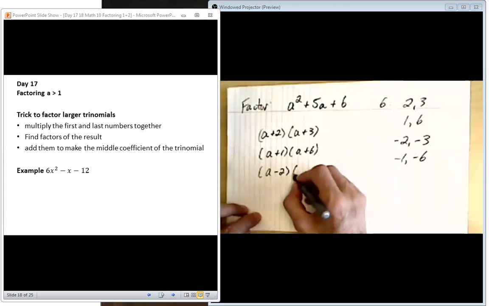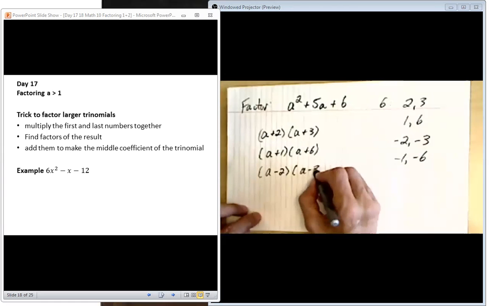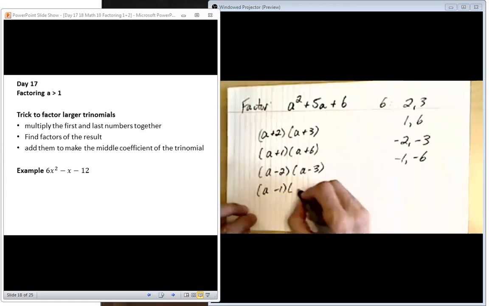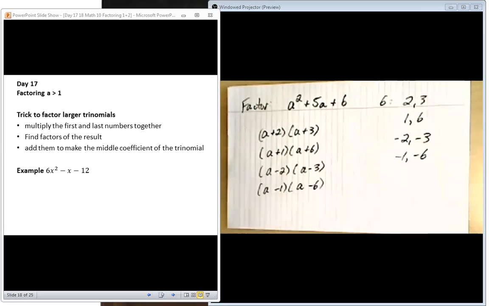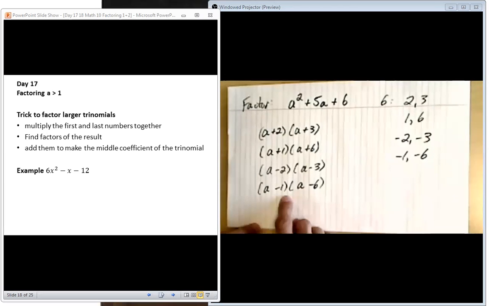Just to remind you, I'll write them all down. You see? And just like that. True, true. And so, how do we figure out which one is the one that works? Is it this one? That one? See? How do you know?